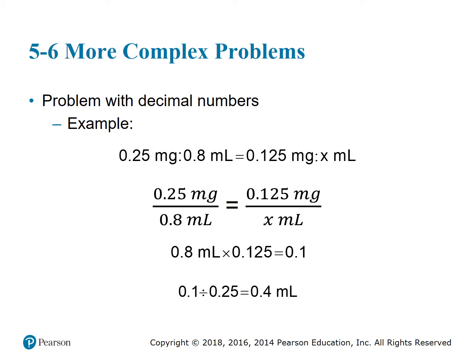Right, so we divide by 0.25, and that gives us 0.4 mLs. Remember, we can check this by plugging it back into our proportion for x and cross multiplying and see if we get equal numbers on both sides of the equal sign.